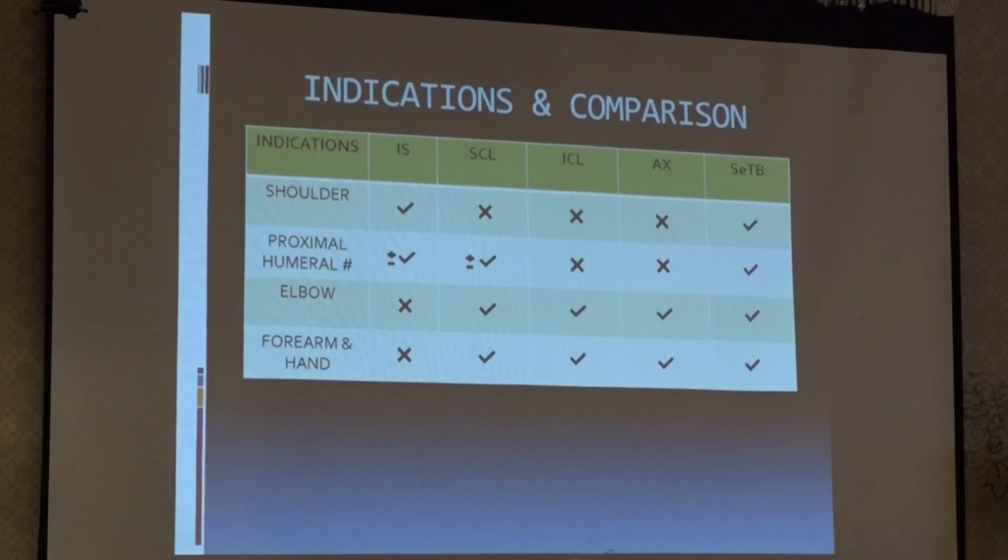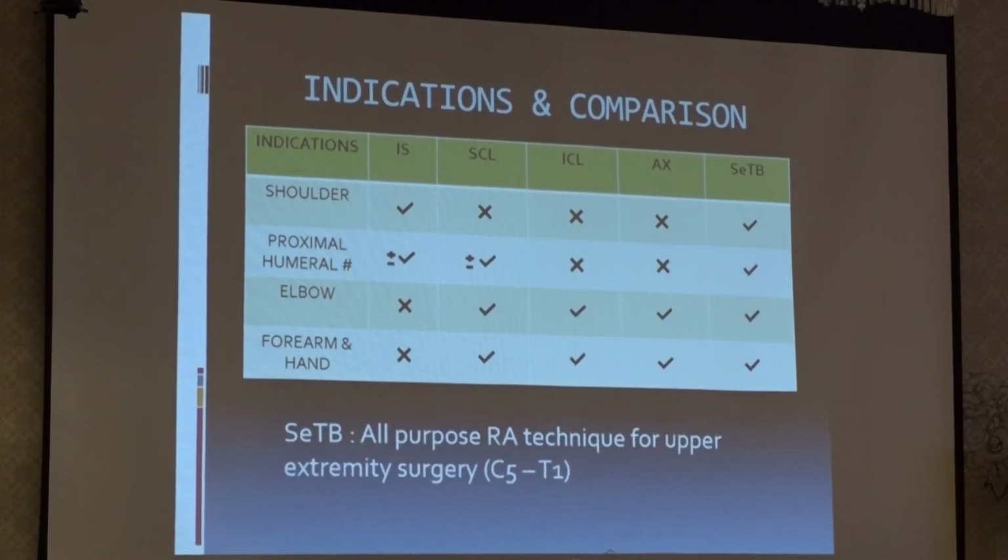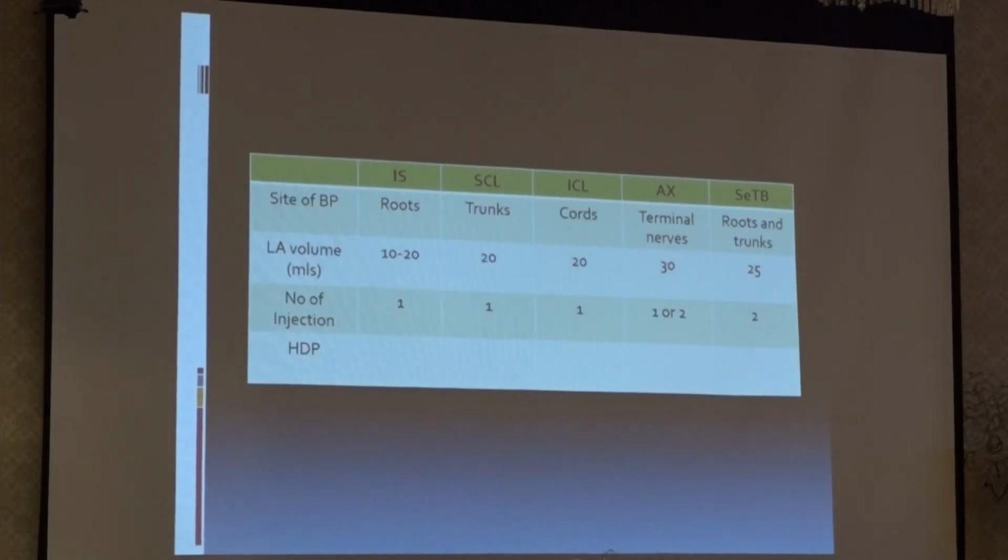So we can conclude that SATB is an all-purpose RA technique for upper extremity surgery, which covers C5 to T1 dermatomes. Regarding LA volume, we need about 10 to 20 mils of LA for interscalene, 20 mils for both supra and infra, about 30 mils for axillary, and for SATB we need 25 mils.